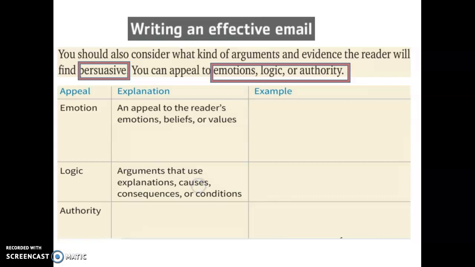And the next one is authority. You can use others' opinions, experts, authorities, scientists, researchers' opinions to support your claims. Of course, it depends on what kind of email you're writing. So let's recap. You can use emotions or logic or authority to persuade the receiver when you want that person to do something for you.